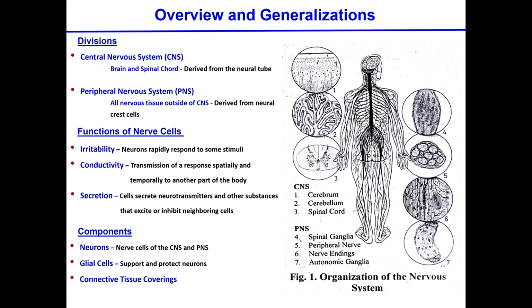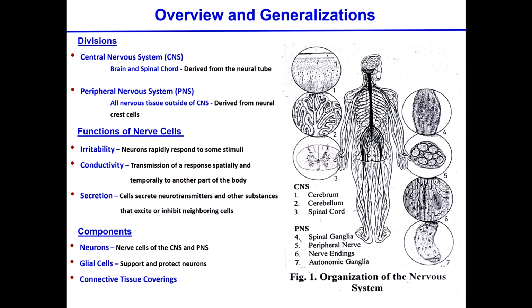The functions of the nerve cell are basically 3. The irritability, which is simply the ability to respond to a stimulus. Conductivity, and that's a key function of the main type of cell that is typical of the nervous system, which is the neuron.